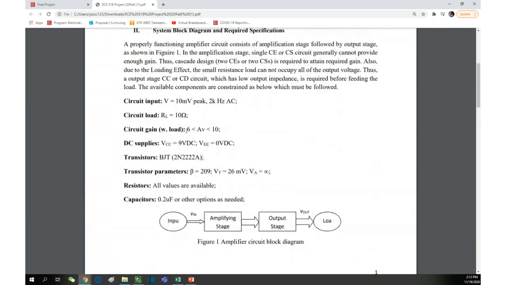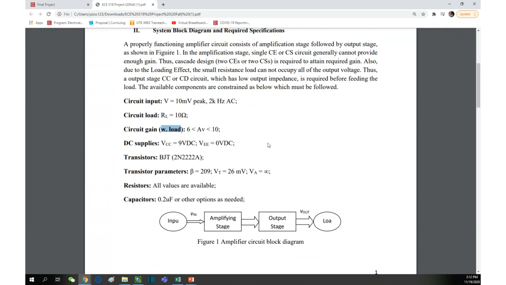And since we only have two stages, it's not complicated enough, so the required gain is only between 6 and 10. Okay, with load. Be careful, this is the with-load gain. Load is 10 ohm. Somehow you need to design a circuit so that with load the gain is between 6 and 10.